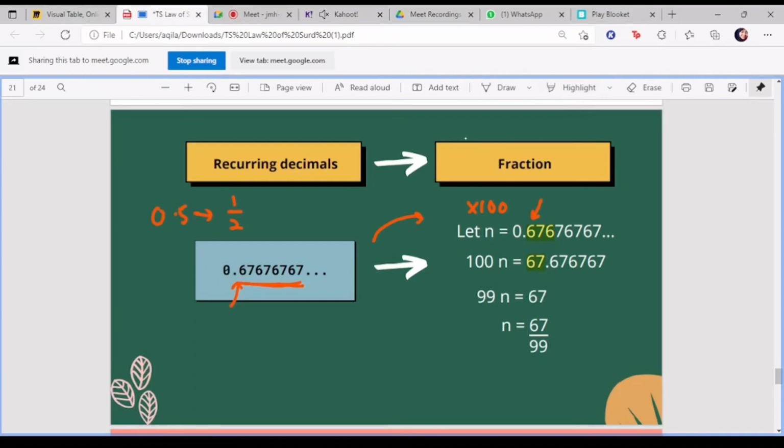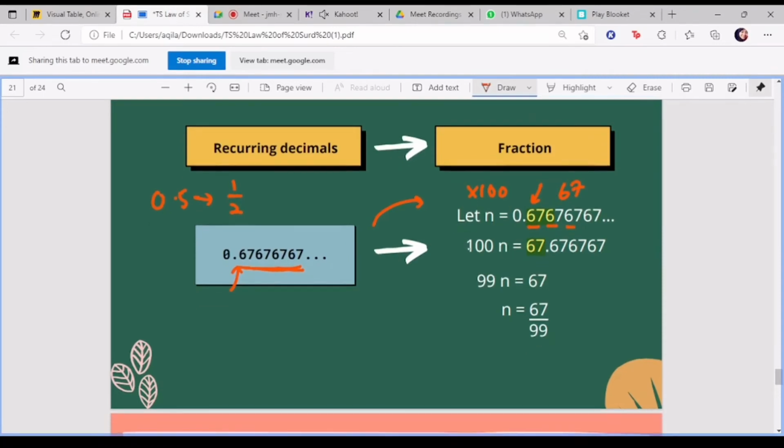So, if you have 3 repeated digits, you must multiply by 1000. In this question, you have 2 repeating digits, 6 and 7.